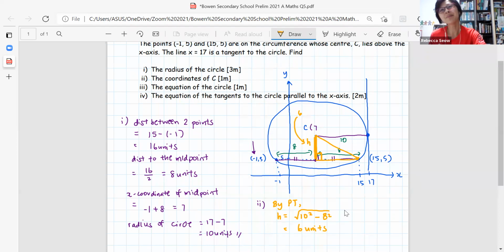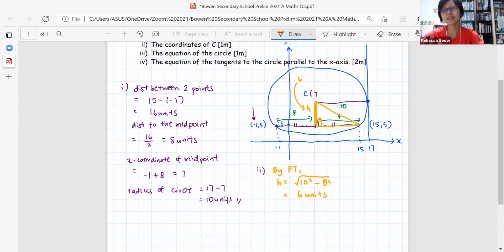Now, how do we find the y-coordinate of the center? Take note that this line is y equals 5. If we move up 6 units, we will reach the center of the circle. So the y-coordinate of the center will be 6 units above y equals 5.